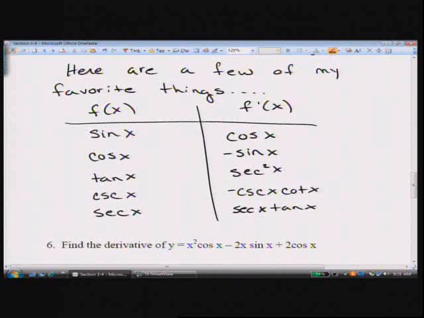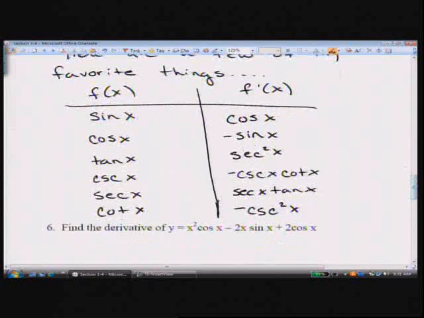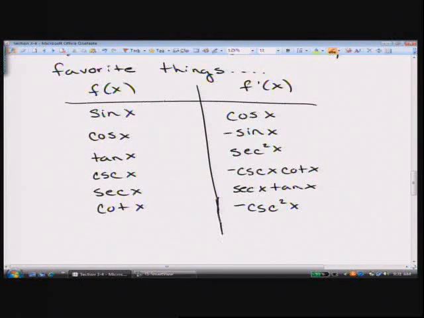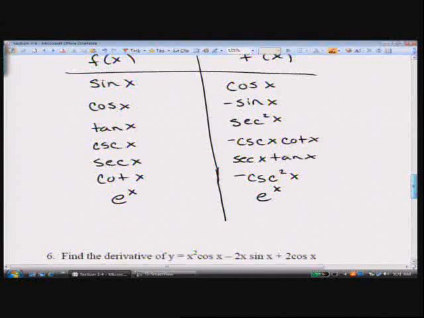And who is the friend of the tangent? The cotangent. And his derivative is actually negative cosecant squared x. So it's kind of similar to the tangent, but it's not the secant, it's the cosecant. And then, of course, my favorite, e to the x, likes to hang out, and he is e to the x. Now, we're still looking for ln x. It doesn't feel complete yet. We'll get there. Are y'all happy?